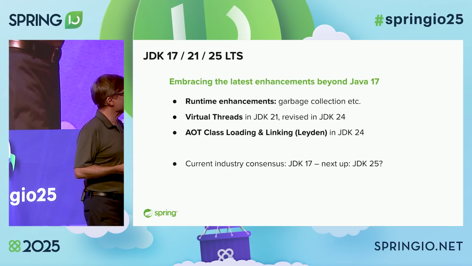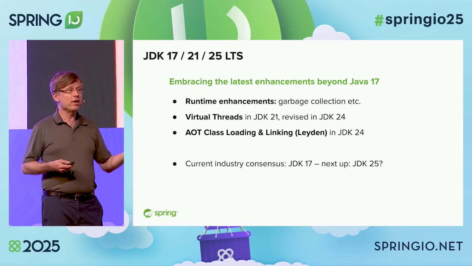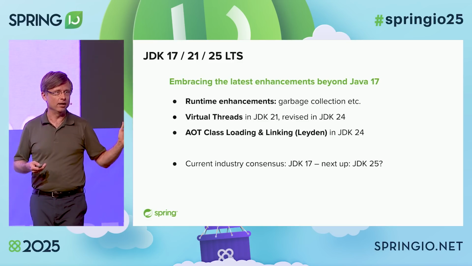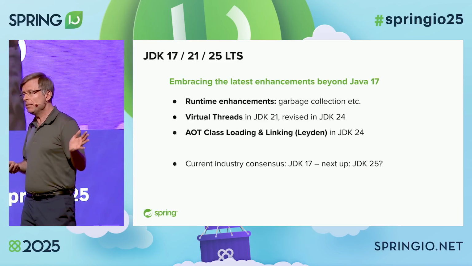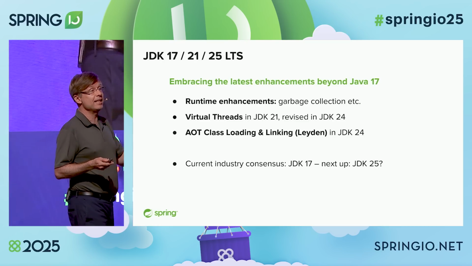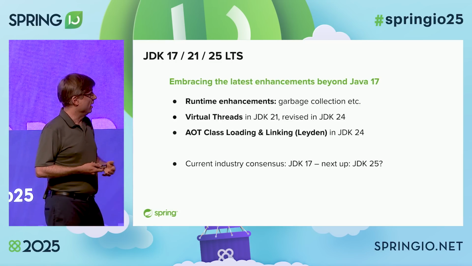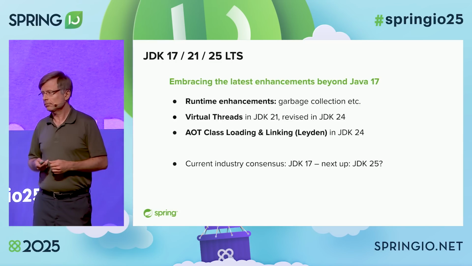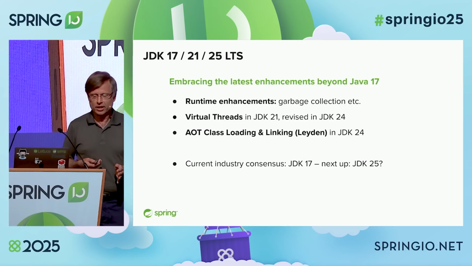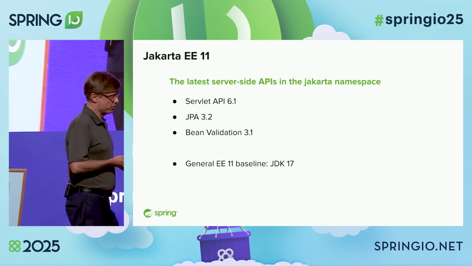I would go as far as, if you're currently still on JDK 17 and you're considering a major upgrade in half a year, go straight to 25, skip 21. There's so much goodness even between 21 and 25 worth picking up, so much goodness that you'll naturally benefit from without any change to your applications that it's hard to ignore. So strong recommendation: consider a JDK 25 upgrade along with your Spring Framework 7, Spring Boot 4 upgrade.